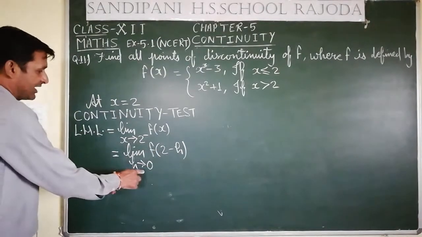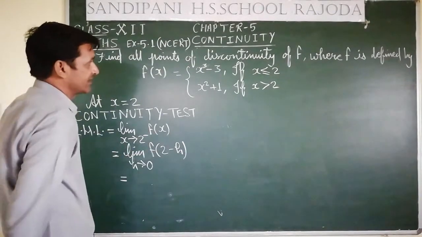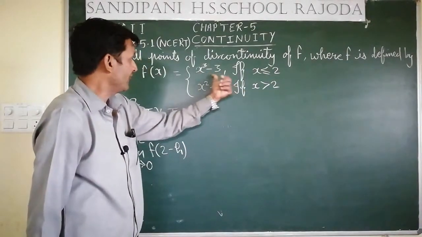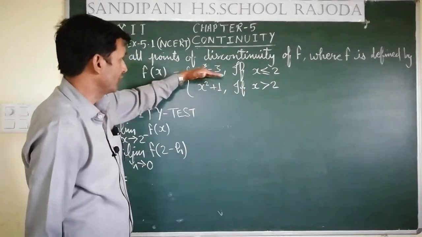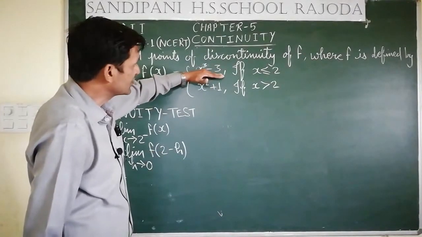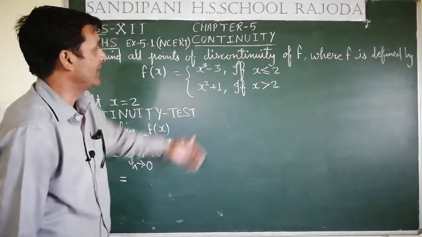So limit h tends to 0 f of 2 minus h means for less than 2, this is only the function's part. So we have to put the value of x, 2 minus h, in this part of the function, which is x cube minus 3.